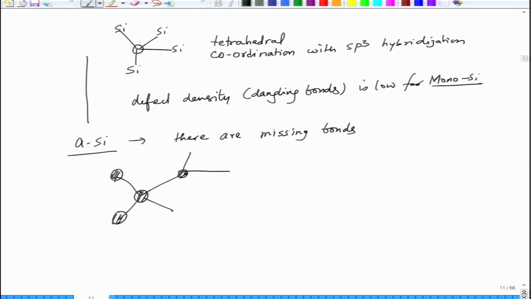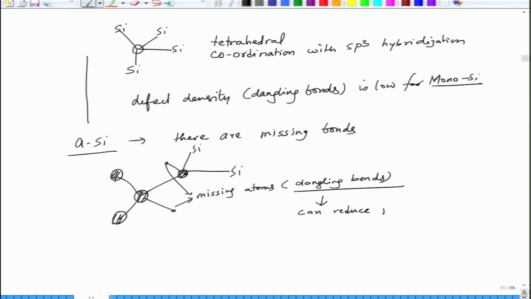Similarly, this silicon atom has one bond here, one bond here, but this bond is missing. So, these missing bonds, these are basically missing atoms, and these are nothing but dangling bonds. These dangling bonds can reduce performance because they act as traps, they will absorb the charge carriers.